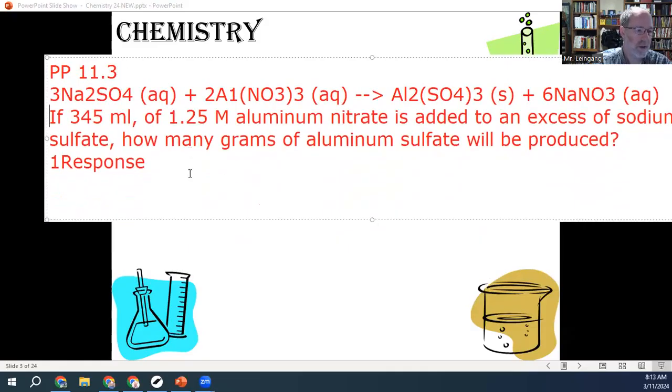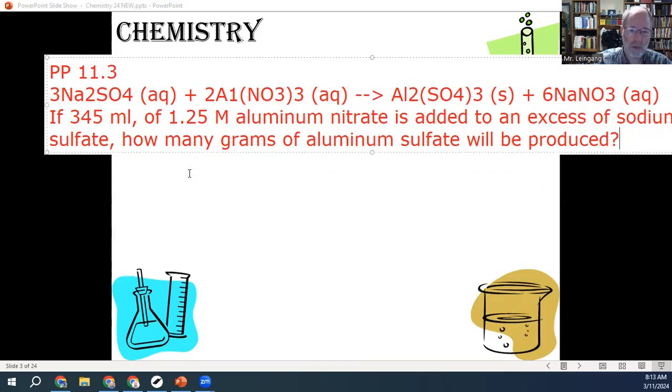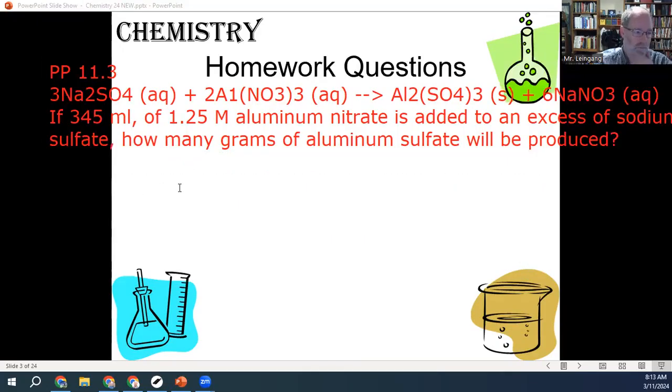And it says, if you've got 345 milliliters of a 1.25 aluminum nitrate solution added to an excess of sodium sulfate, how many grams of aluminum sulfate will be produced? Is this the right question? First of all, let's just kind of make sure I'm on the right spot.